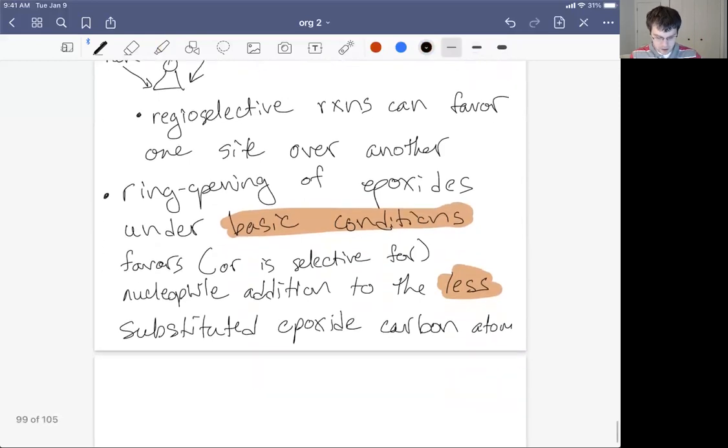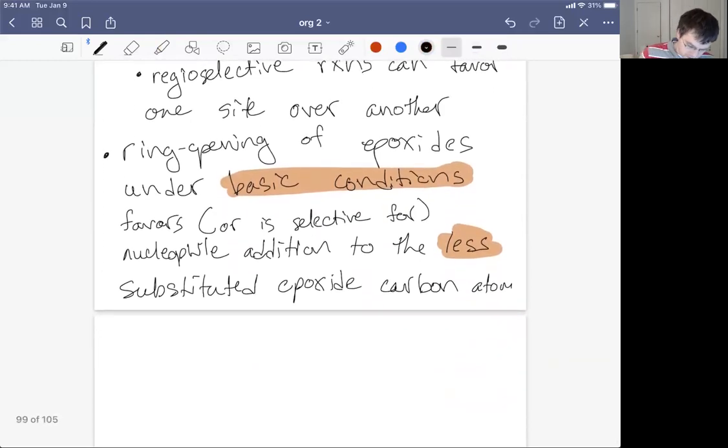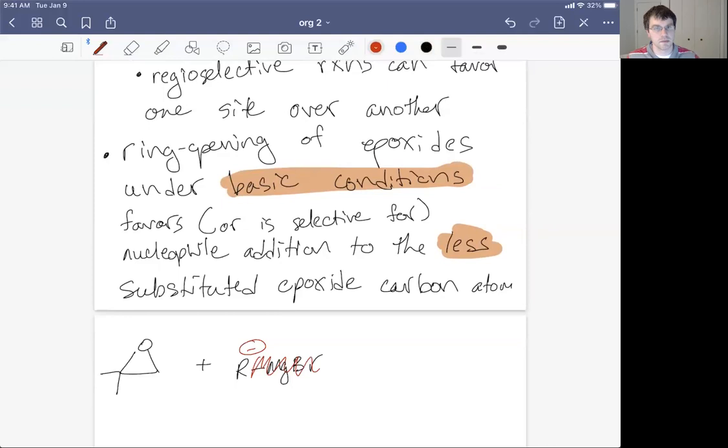And if we're specific about that, if we use our go-to epoxide, we could say, well, if we add some RMgBr, where we consider the MgBr as sort of a counter ion to a carbanion, not the most rigorous definition of a Grignard reagent, but really helpful.